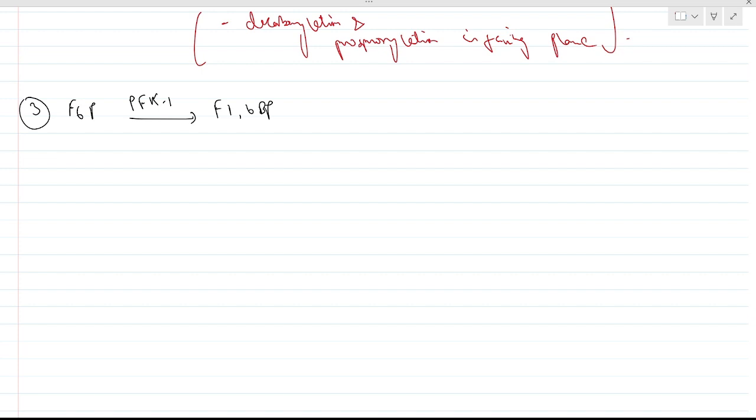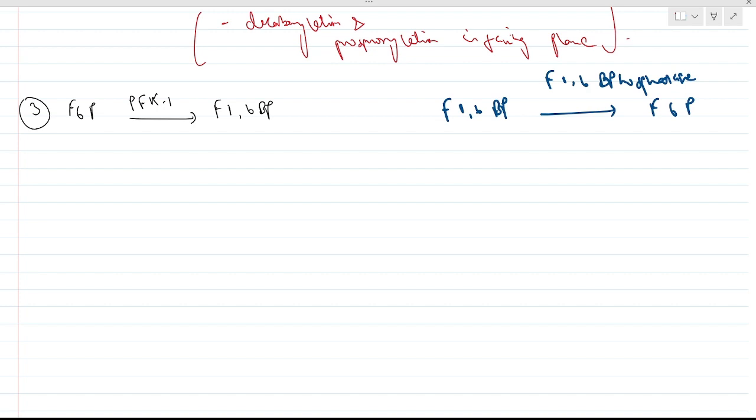Fructose 1,6-bisphosphate is converted to fructose 6-phosphate, and the enzyme here, remember, is fructose 1,6-bisphosphatase.